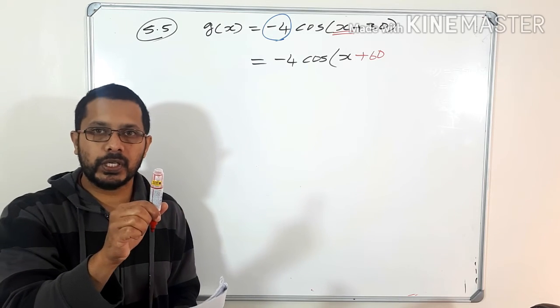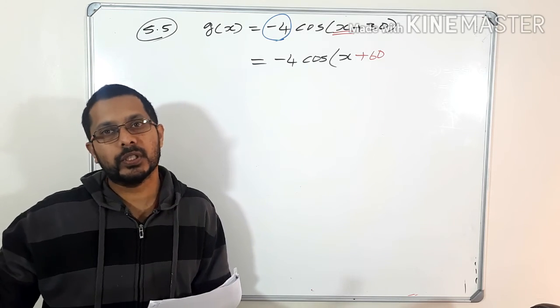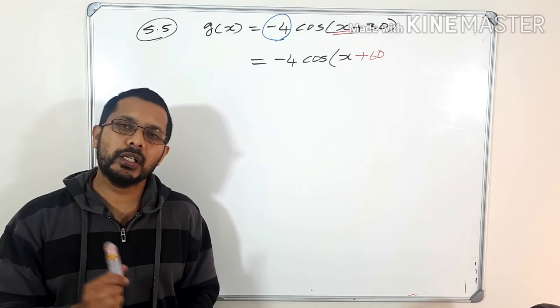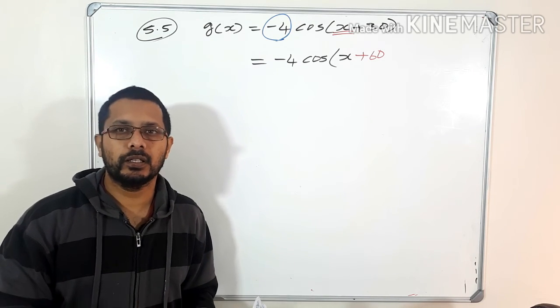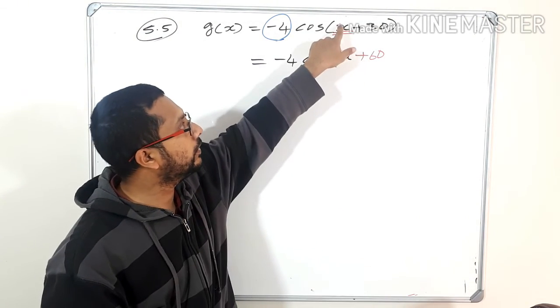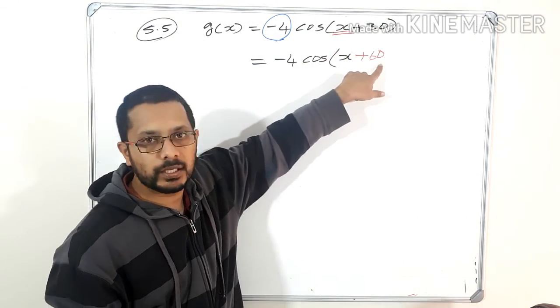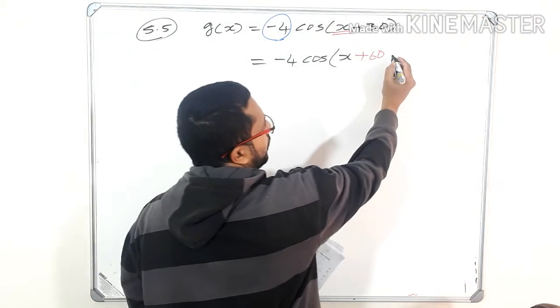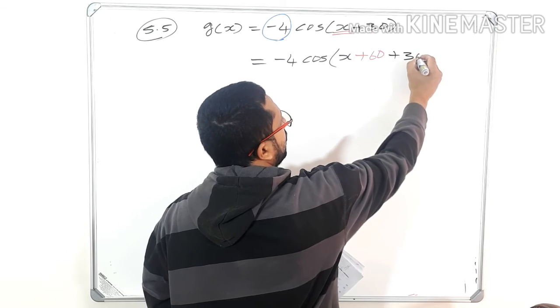If a graph is shifted 60 degrees to the left, I am supposed to add 60 degrees. If the question is 60 degrees to the right, then I must change this x as x minus 60. So what is remaining there? This 30 is still there, so it is plus 30.